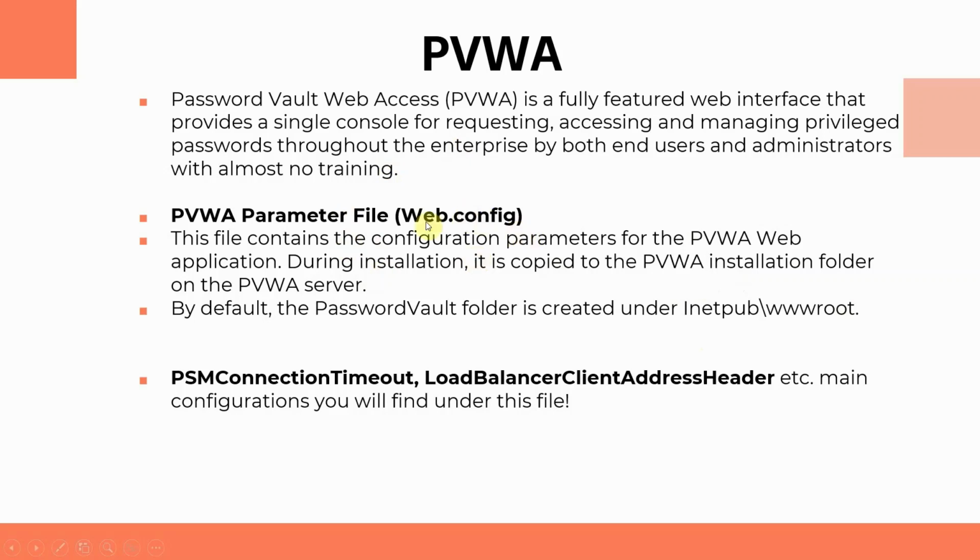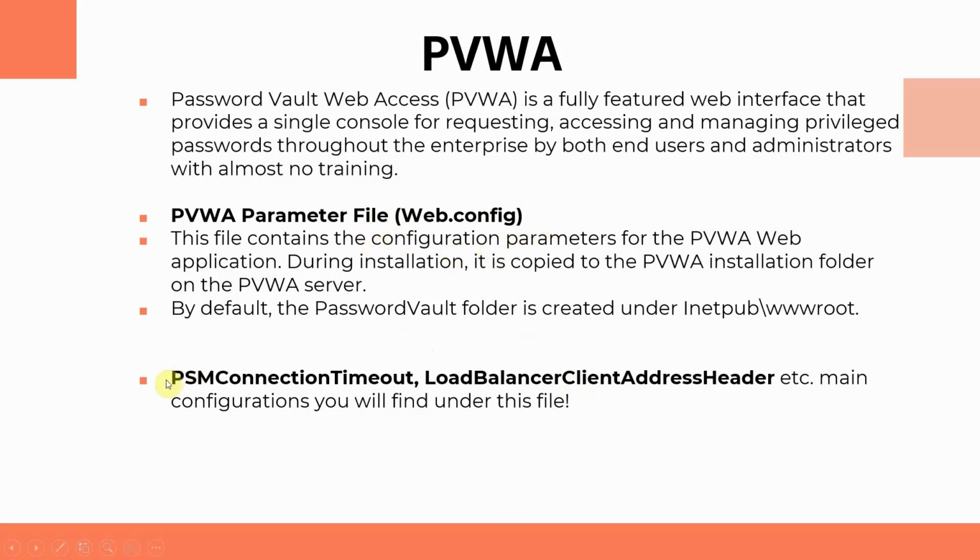You can say web.config. Let's suppose if you want to load balance your PVWA, you need to edit this file, web.config. You need to provide the configuration of your load balancer, this client address. You need to make the changes in your web.config only.